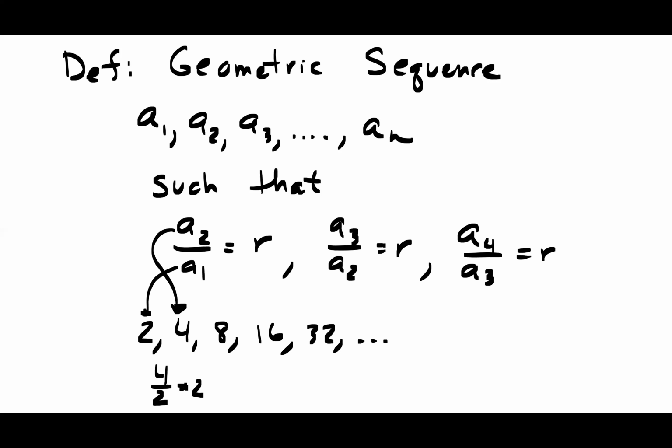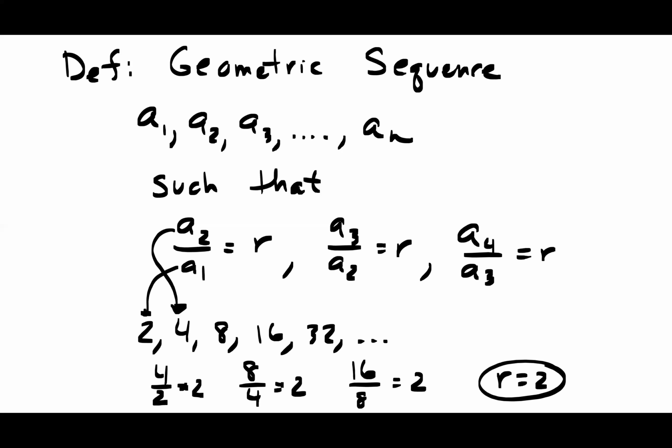In fact, if I take any term and the one right before it, that r value is going to be exactly the same. Let's do 8 divided by 4. Voila, 2. How about 16 divided by 8? Voila, 2 again. If you can consistently get the same number, you have the r value, which in this case is r equals 2.